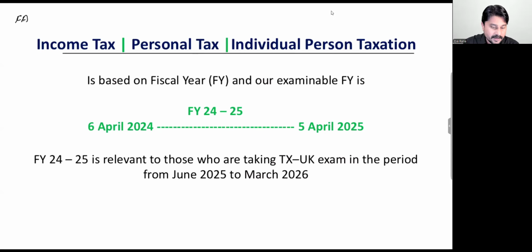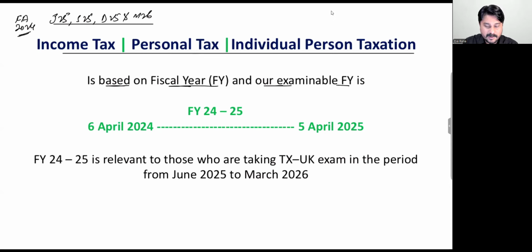As we are following Finance Act 2024, which is applicable for the June 25 exam session, September 25, December 25, and March 26. Any student attempting the tax paper according to Finance Act 24 will be in one of these four exam sessions. When it comes to income taxes, income tax is based on a fiscal year, and our examinable fiscal year is fiscal year 24-25.